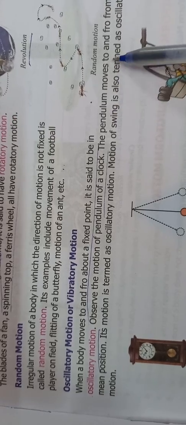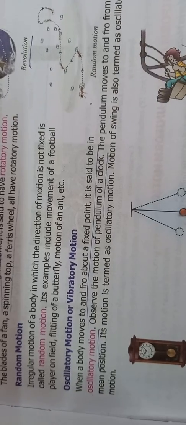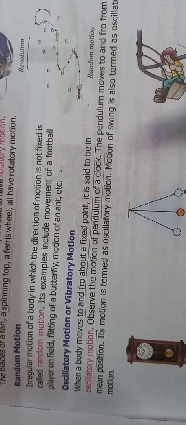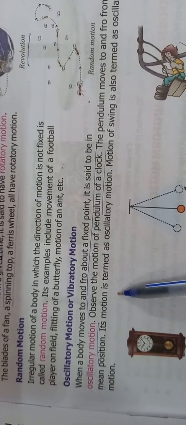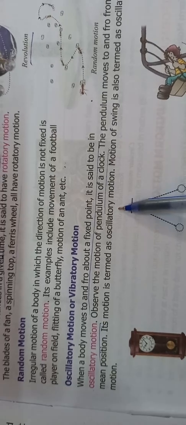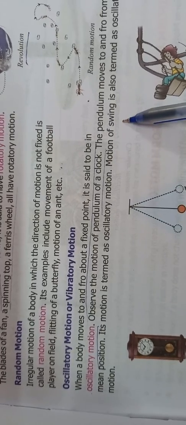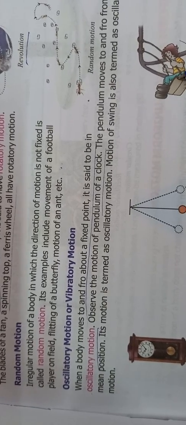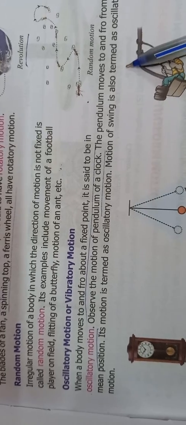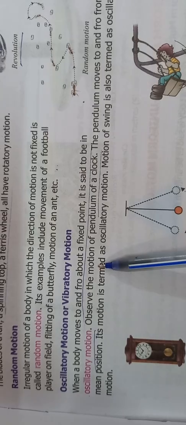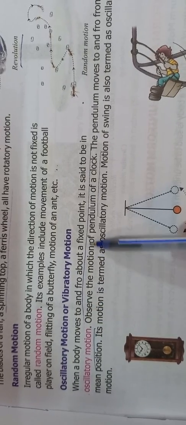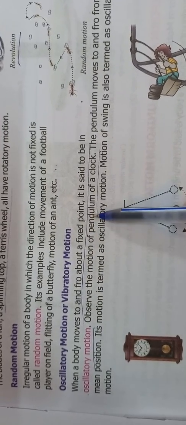The pendulum moves to and fro from its mean position. So its motion is termed as oscillatory motion. Second example, the motion of a swing. Okay, the motion of a swing is also termed as oscillatory motion. So oscillatory motion means when a body moves to and fro about a fixed point.